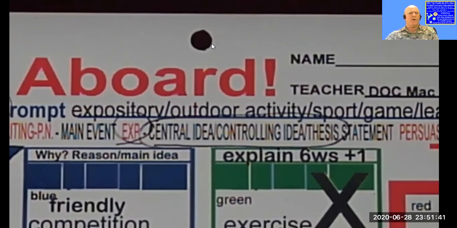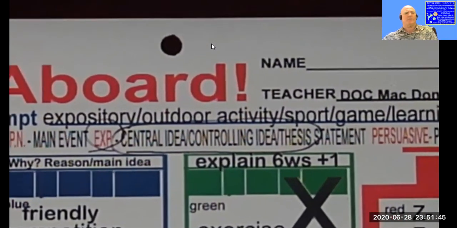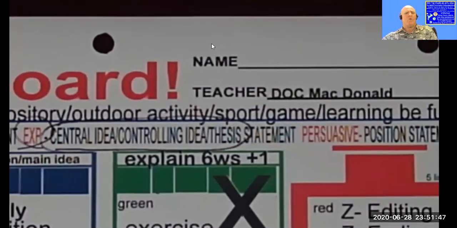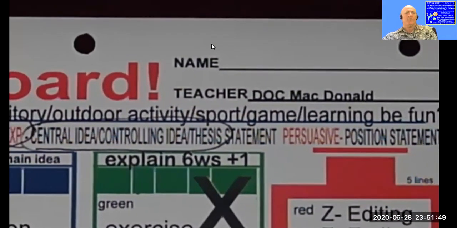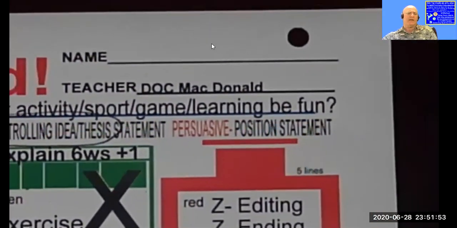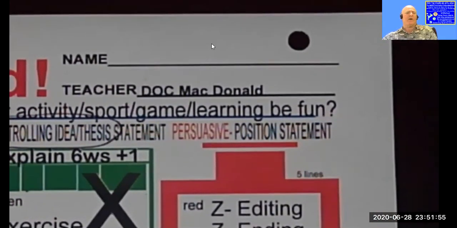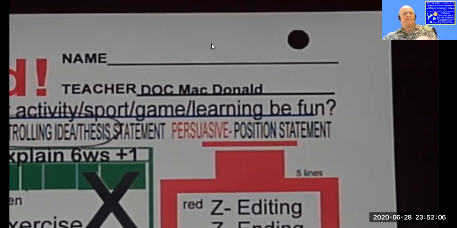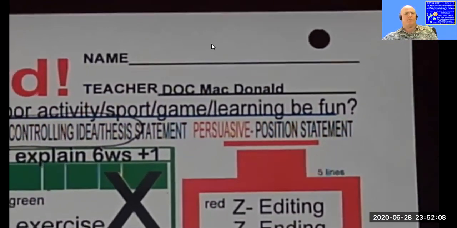And so the one that I'm going to share with you could fit for, what's your favorite outdoor activity? Write an essay about one sport that you enjoy. Write about one game that you like playing. In the secondary, write an essay about the importance of whether or not learning can be fun. Write about the importance of learning being fun, or learning being enjoyable.